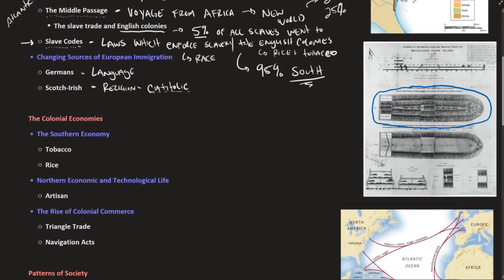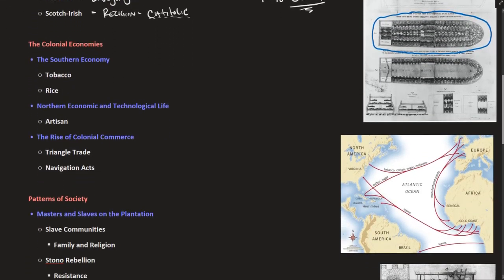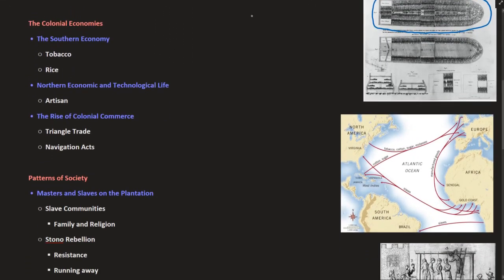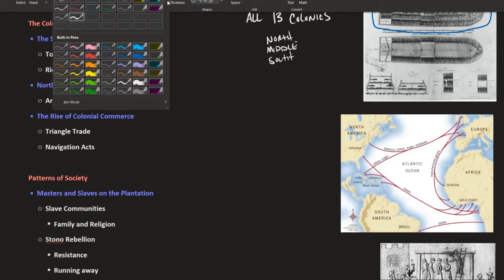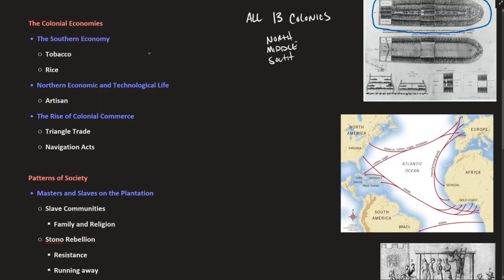Okay, so let's move on to the economies. So again, our theme is we're looking at all 13 colonies. And when we look at all 13 colonies, we can pretty much break it into three categories: the North, the Middle, and the South. When it comes to making money, and of course I always like to get my green pen when it comes to money, the South is the one that produces the cash crops, right?